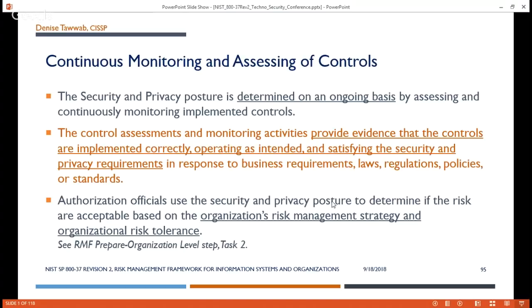Your authorizing officials use the security and privacy posture to determine if the risk is acceptable based on the risk management strategy and the organizational risk tolerance that you agreed upon in level 1 and level 2 when you were going through the risk management process.